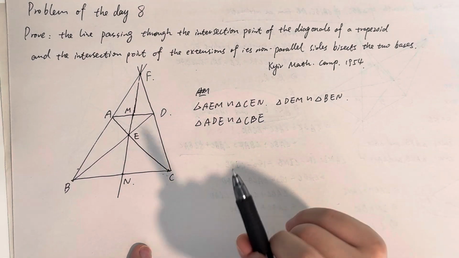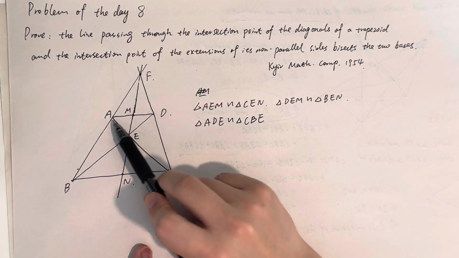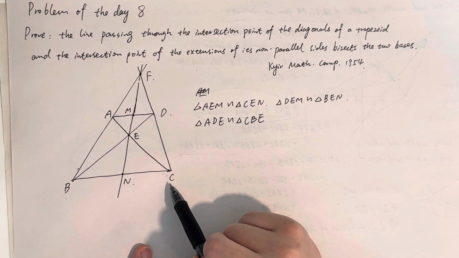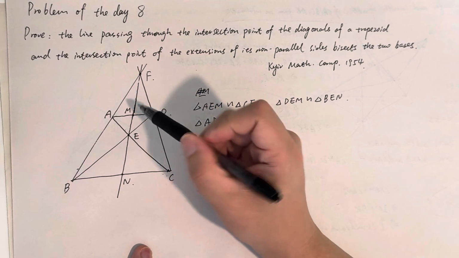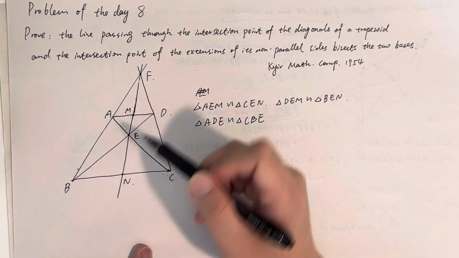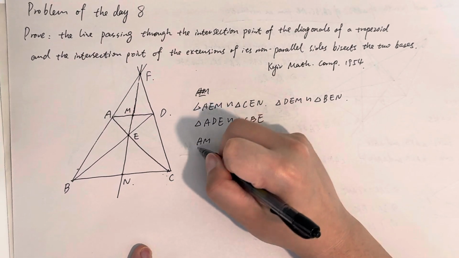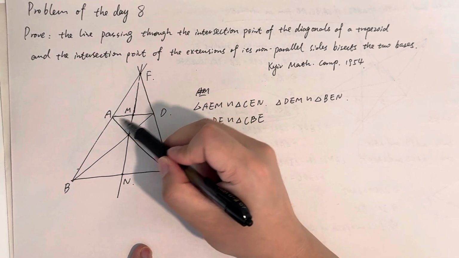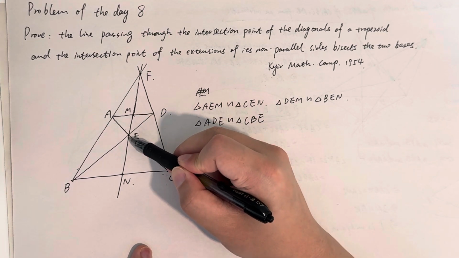So think about that. We want to prove M and N are the midpoints of AD and BC respectively. So we can simply find the ratio of AM to BN, right? Because we already know that AM to NC equals ME to EN.